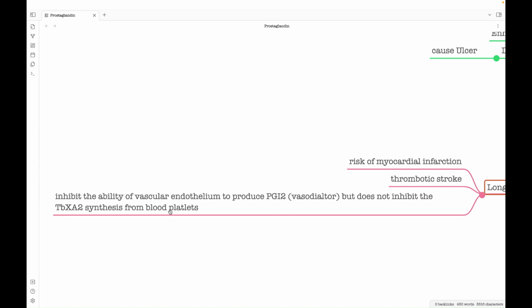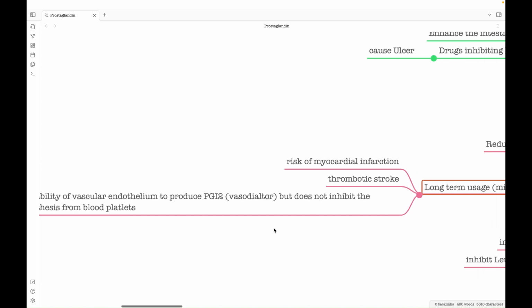So they inhibit the vasodilating prostaglandins but not the vasoconstricting prostaglandin. That means there is a probability of random vasoconstriction inside our body, and that will lead to myocardial infarction, heart attack and stroke.